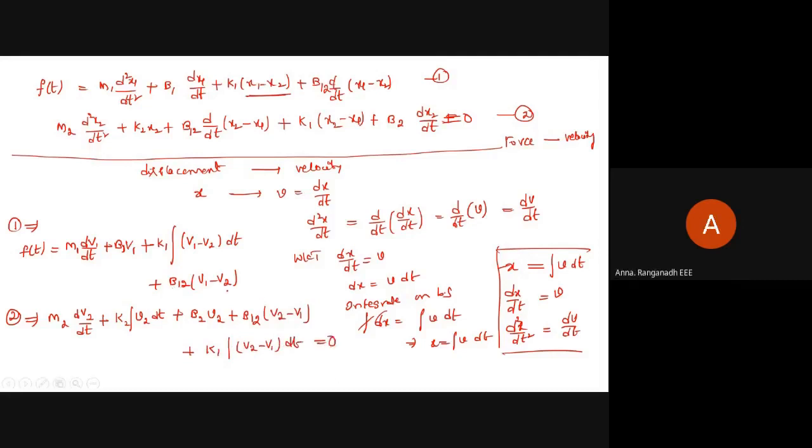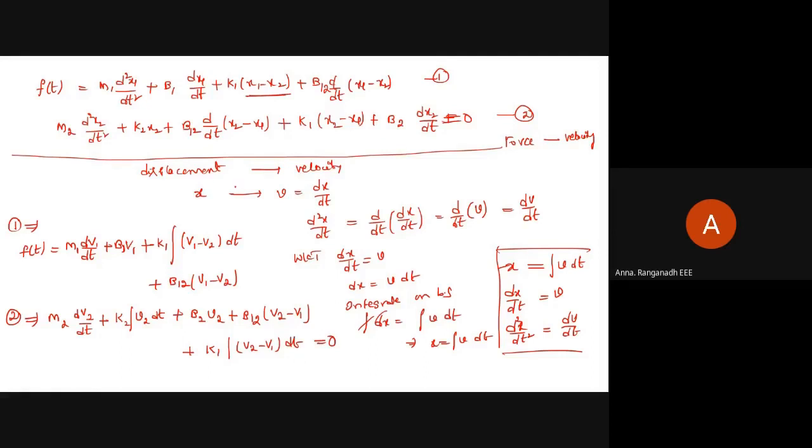So this is the second step. The first step is to draw the free body diagram for the masses and write the differential equations. The second step is to convert displacement into velocities by using these expressions.